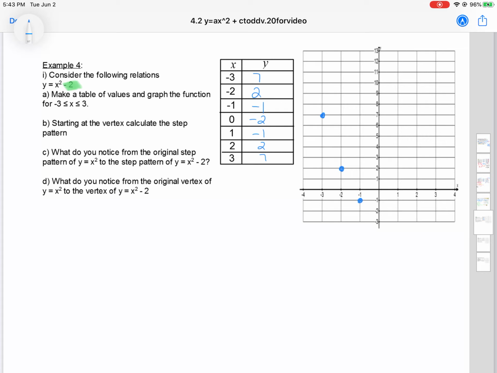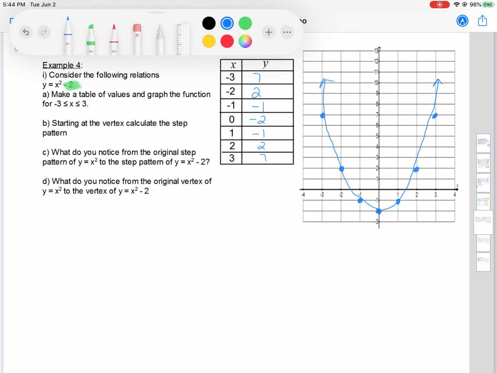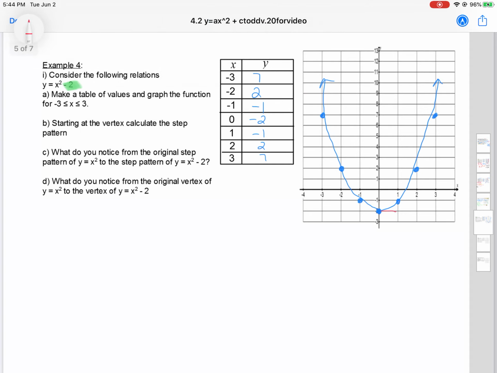Negative 1, negative 1. 0, negative 2. 1, negative 1. 2, positive 2. 3, positive 7. Okay, so we're going to calculate the step pattern. That's what b says. So over 1, up 1, over 1, up 3, over 1, up 5.